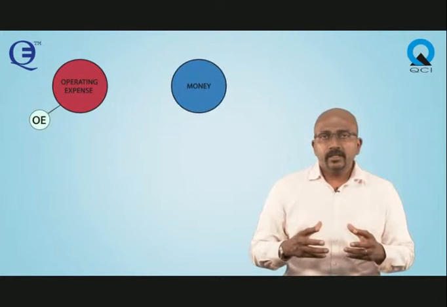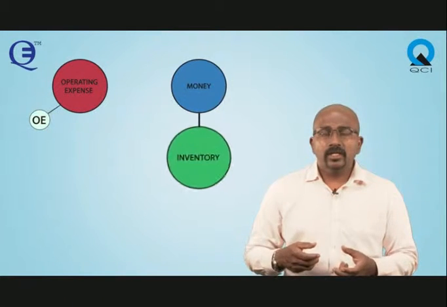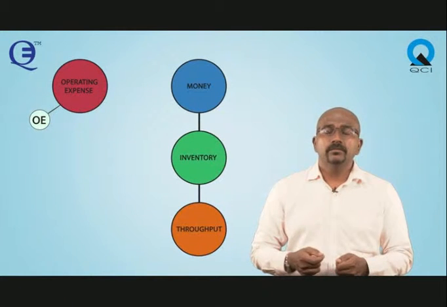Three, operating expense, denoted by OE. All the money that a company spends on turning inventory into throughput.